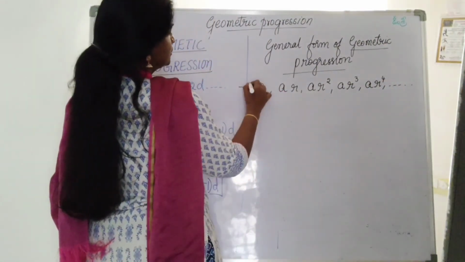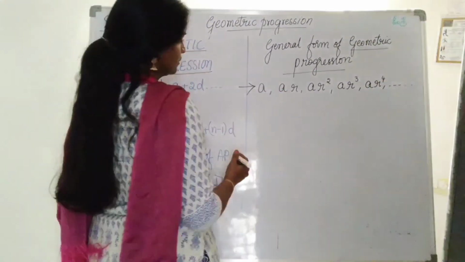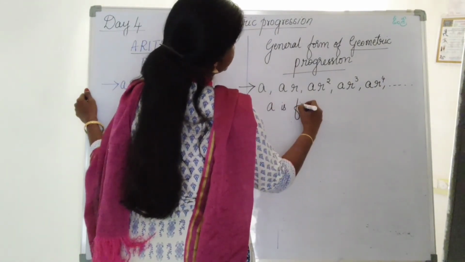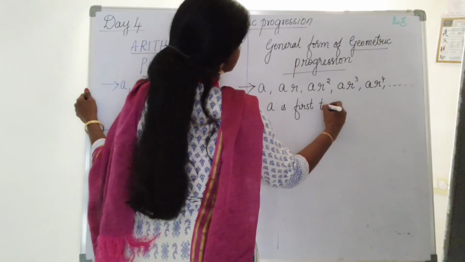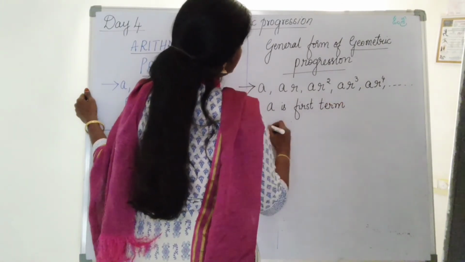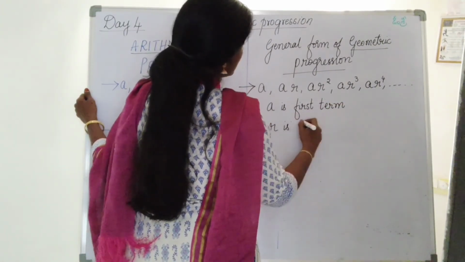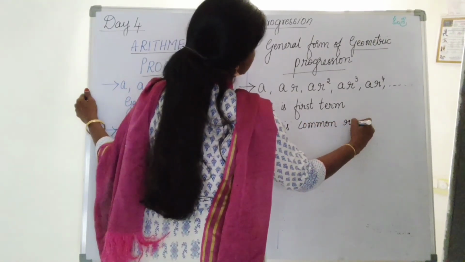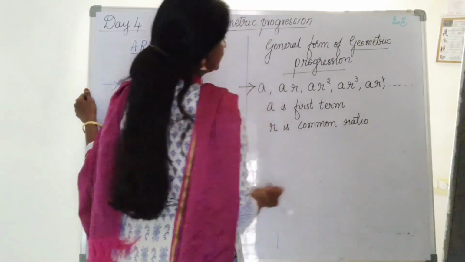This is the general form that we have learned, where A is first term and R is common ratio. Then what did we learn?